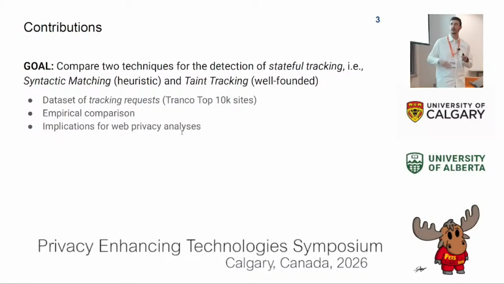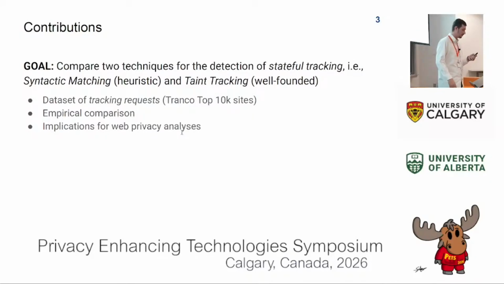Finally, we evaluate the implications for web privacy analysis, and moreover, we propose some methodologies to get the best from these techniques.